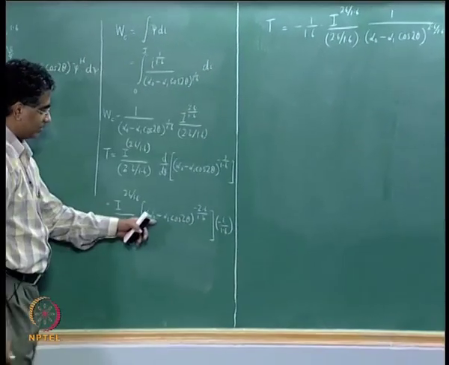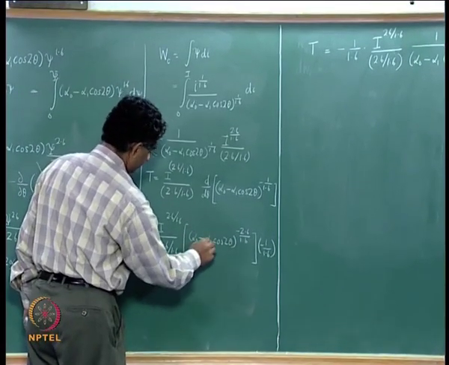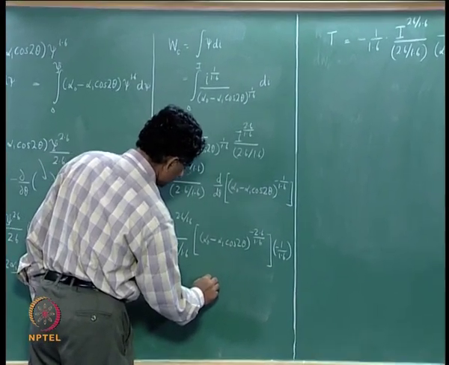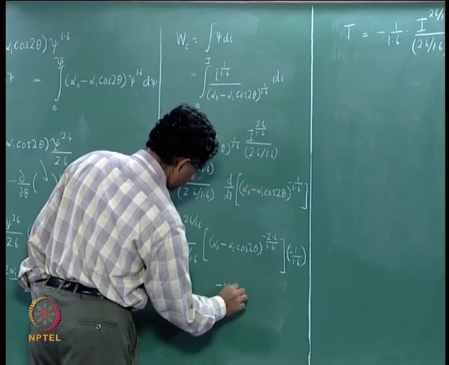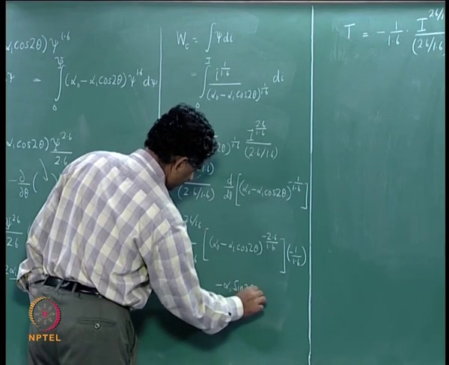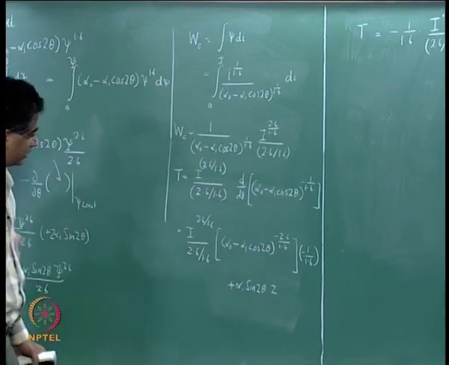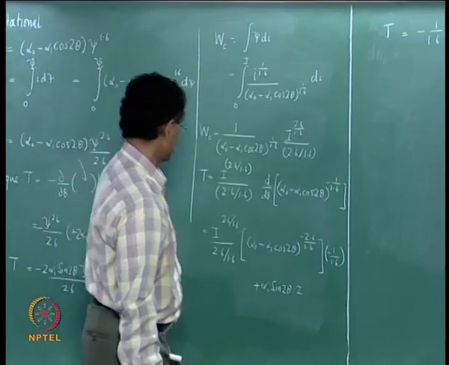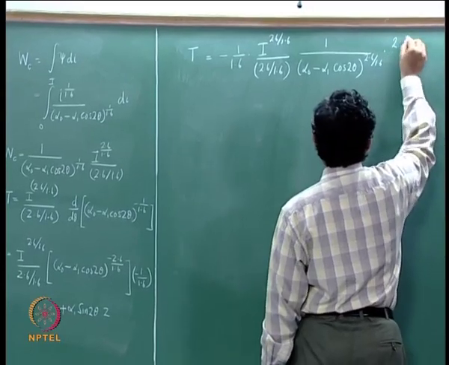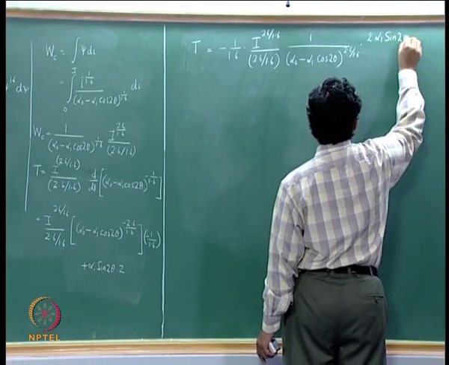When you take the differentiation, you need to differentiate this term as well. So, this term gives you alpha 1 sine 2 theta multiplied by 2, since the differential of cos is minus sine, and therefore that also goes away. So, you have this multiplied by 2 times alpha 1 into sine 2 theta.